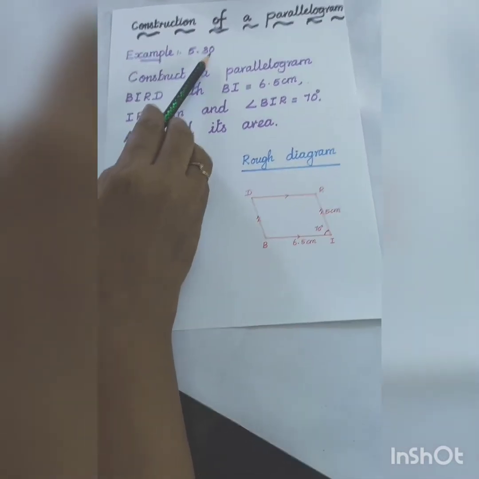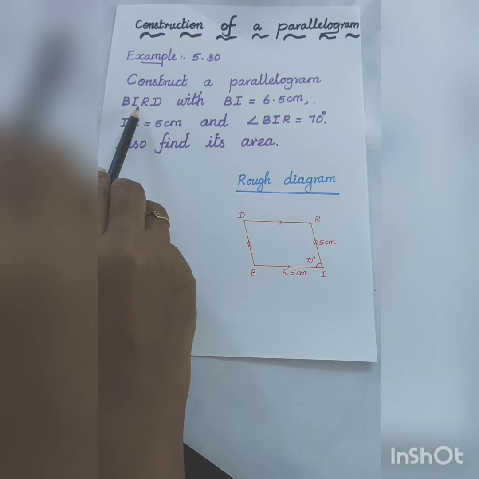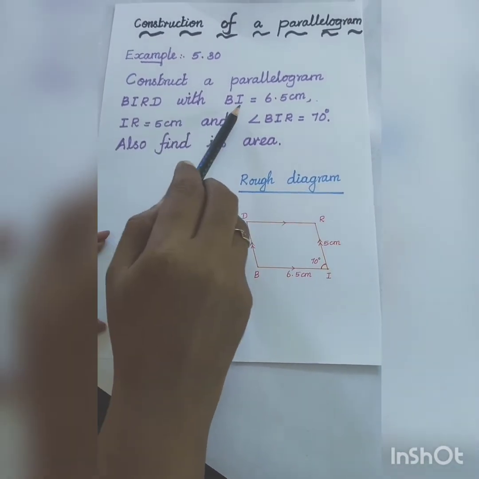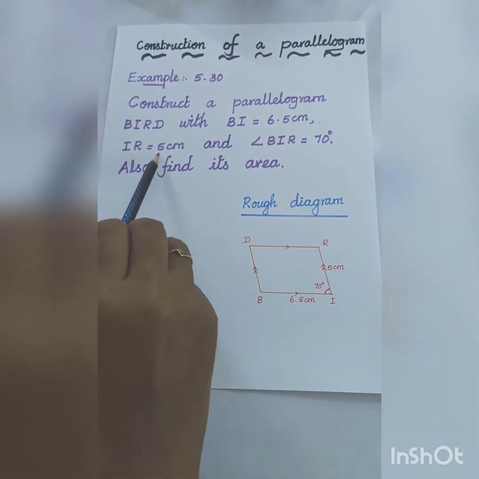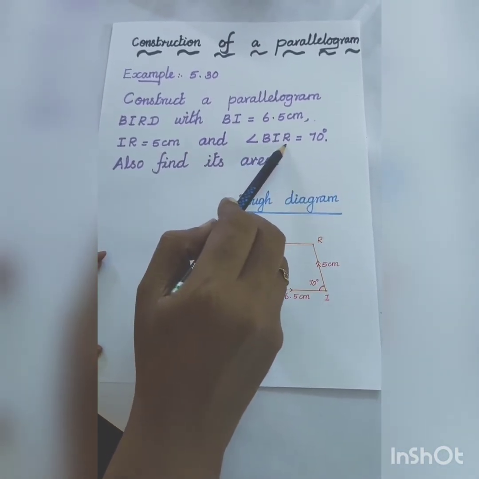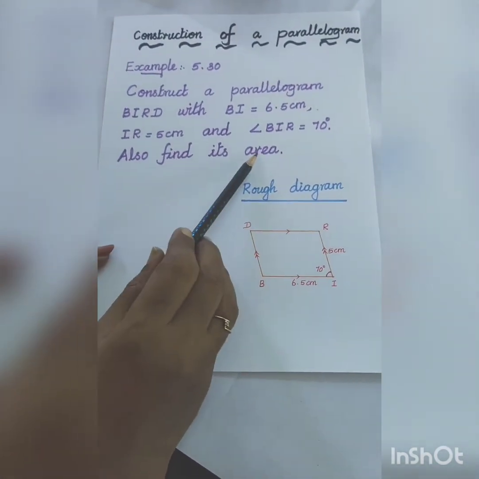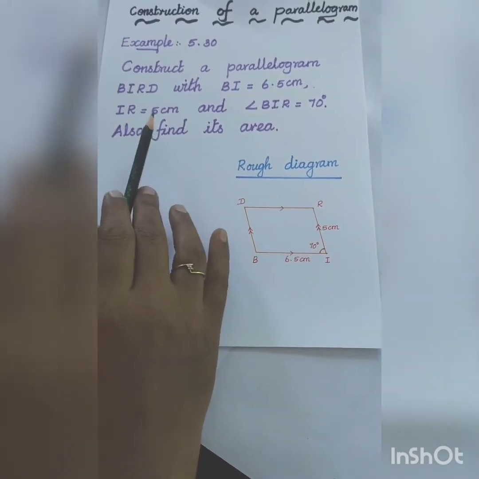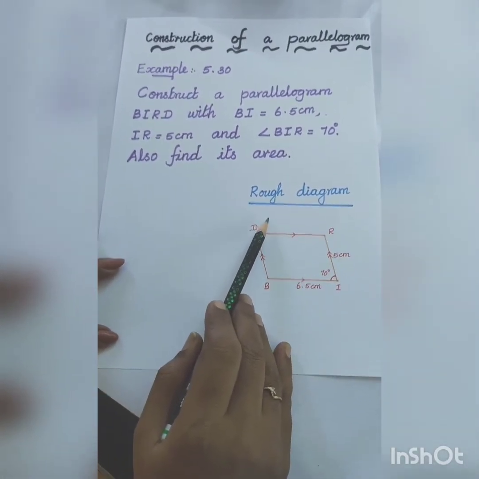Example 5.30. Construct a parallelogram BIRD with BI equal to 6.5 centimeter, IR equal to 5 centimeter, and angle BIR equal to 70 degree. Also find its area. First of all, you can read the problem and then draw a rough diagram.